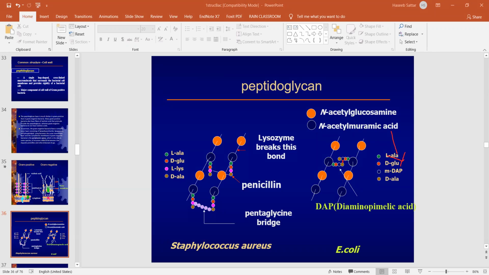It's a carbohydrate backbone, because N-acetyl muramic acid and N-acetyl glucosamine are actually glucose units.